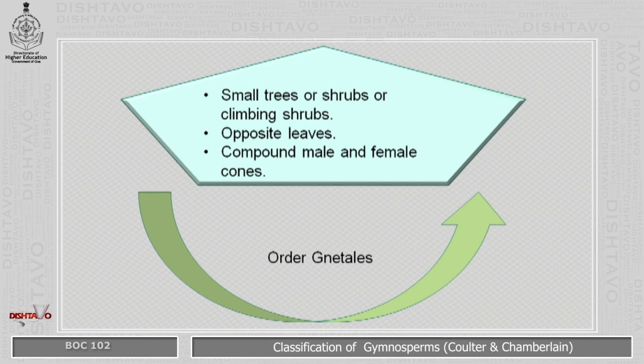The plants or trees which belong to this order are small trees or shrubs or climbing shrubs, and the very best example of the plant belonging to this order is Gnetum. This particular plant shows some similarity with the angiospermic plants, and that is the opposite leaves. The compound male and female cones are present.